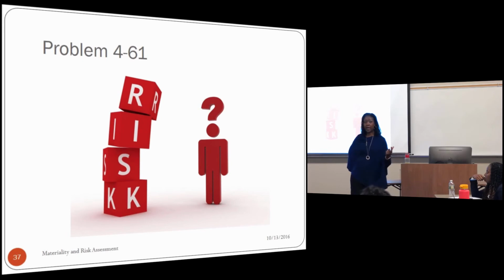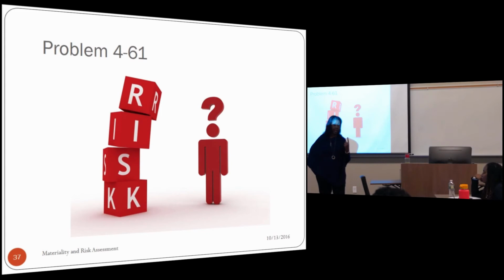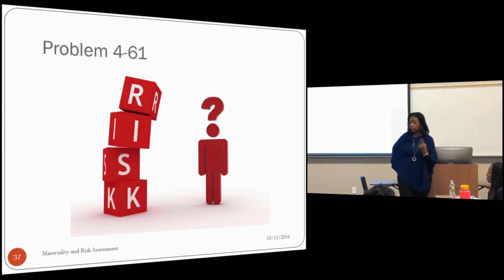So the fact that they haven't been making money, and then all of a sudden they're making money, might raise a red flag. And in this case, that would have an impact in terms of inherent risk, right? How the company is operating, and all of a sudden they've had this change. So it is going to have an impact because it's impacting inherent risk in some way. Now the question is, does it increase inherent risk or decrease inherent risk?